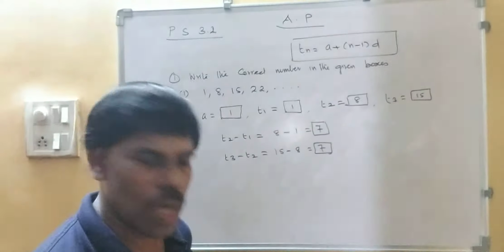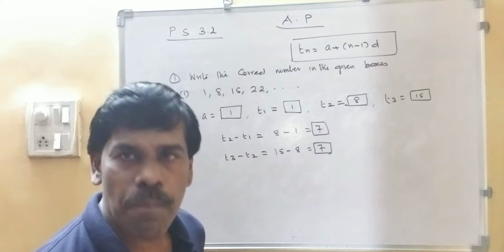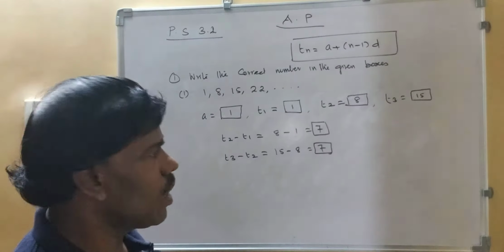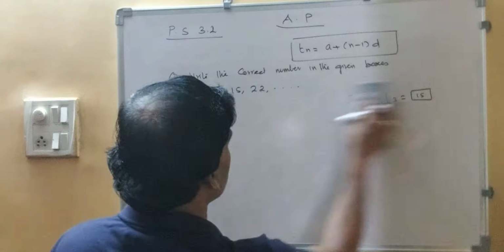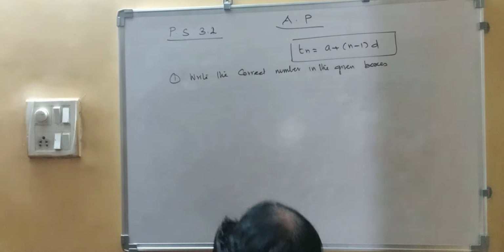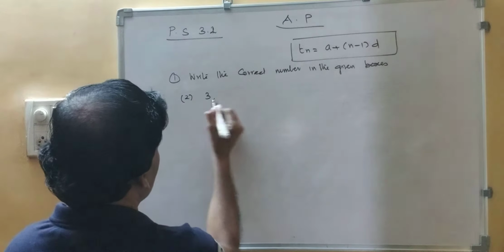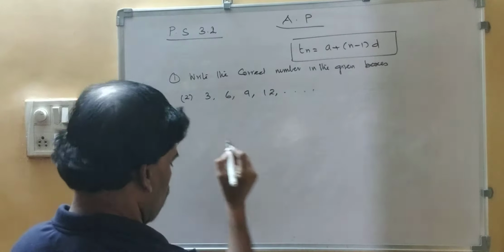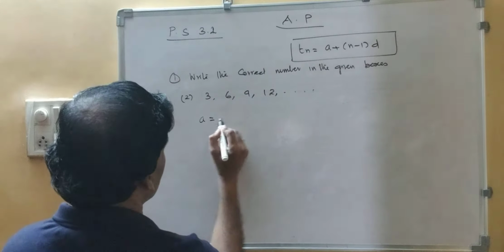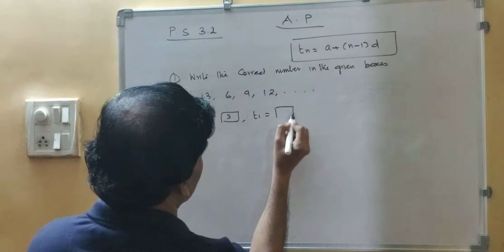Now, this is very simple because they want you to know how to find out the first term, second term, third term and their common differences. Now, another one we will see. 3, 6, 9, 12, etc. What is A here? 3. What is T1? We can say again 3.